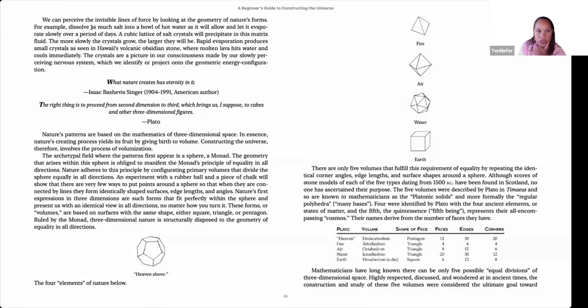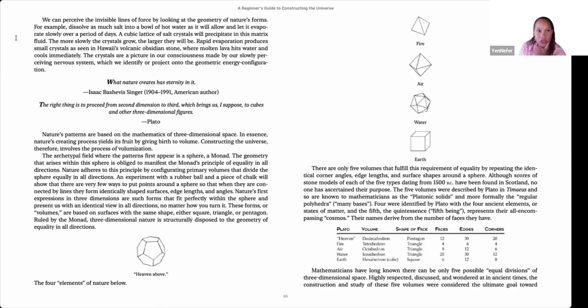For example, dissolve as much salt into a bowl of hot water as it will allow and let it evaporate slowly over a period of days. A cubic lattice of salt crystals will precipitate in this matrix fluid. The more slowly the crystals grow, the larger they will be.